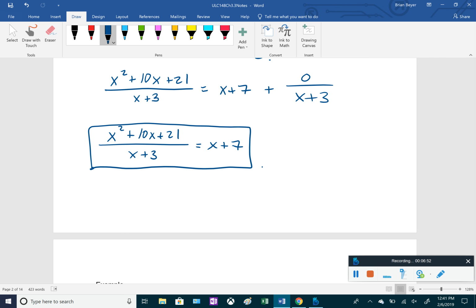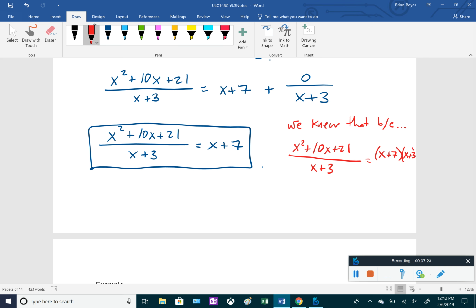So we actually knew that before without even doing long division. So I'm just going to do this on the side. We knew that answer, because if we start off with this, x squared plus 10x plus 21 divided by x plus 3, we can factor that numerator as x plus 7 times x plus 3 divided by x plus 3.